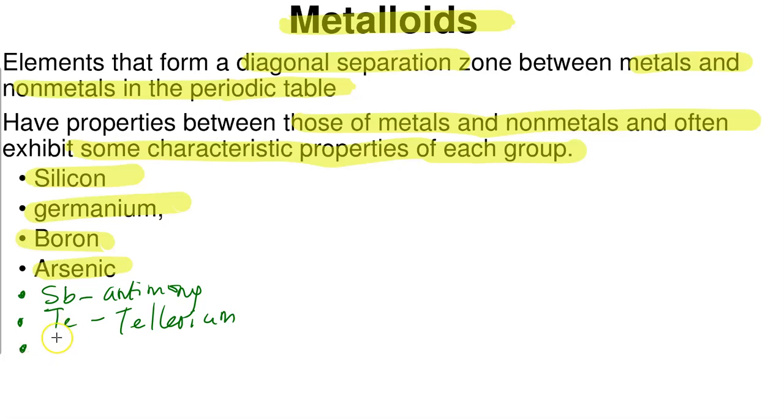We have At, which is astatine. Astatine is a metalloid, and even tennessine is also a metalloid. All these are metalloids that can be found in the periodic table.